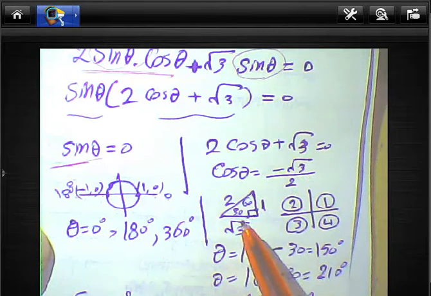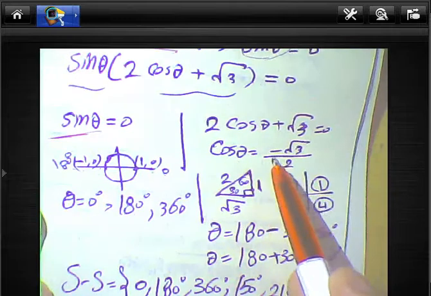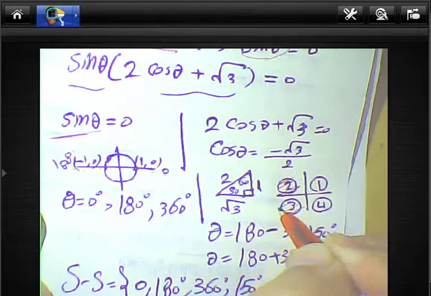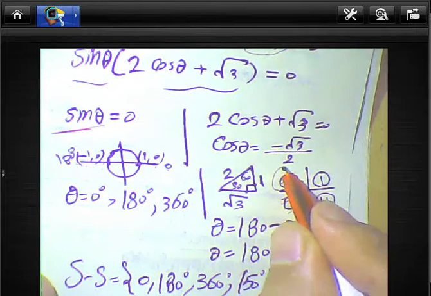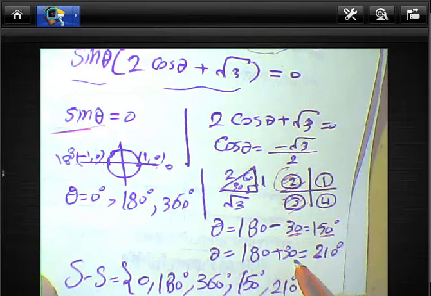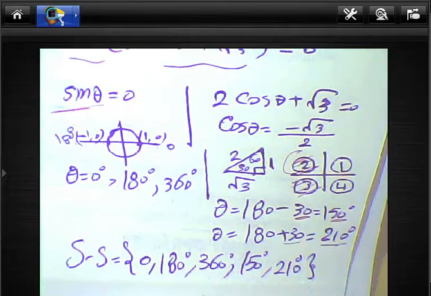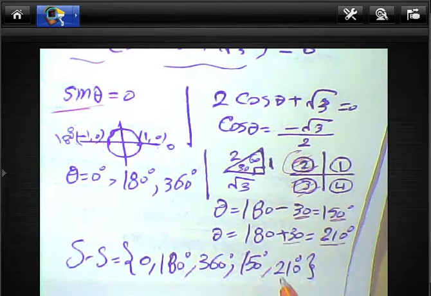We know the acute angle will be 30, and cosine is negative in the 2nd quadrant and 3rd quadrant, so theta will be 180 subtract 30 equals 150, or 180 plus 30 equals 210. So the solution set will be 0, 180, 360, 150 and 210 degrees.